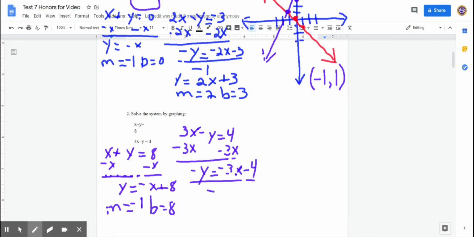So again, divide by negative 1, and y equals 3x plus 4. Okay, and this is a plus 4, and I wrote minus 4, so this would actually be negative 4 right here. So y equals 3x minus 4. So m is 3, and b is negative 4. Plot.